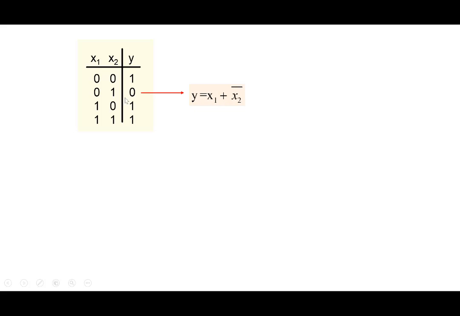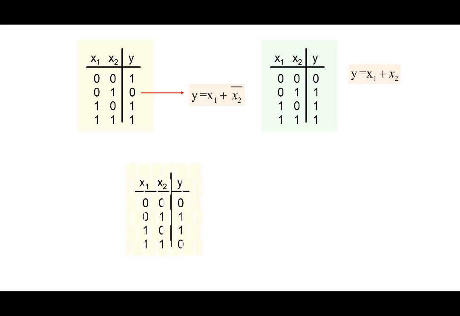And you can verify that y will be 0 when x1 is 0 and x2 also has to be 1 then. If you have two zeros, this is also straightforward, so you can write it as x1 plus x2. Y will be 0 when this is true and also when this is true.